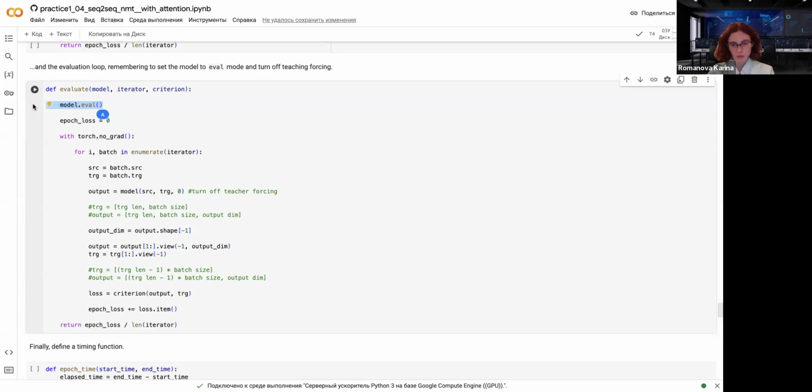During evaluation, we disable teacher forcing to see how well the model performs when it relies entirely on its own predictions. And also the validation loss is computed to track the performance of the model on unseen data.